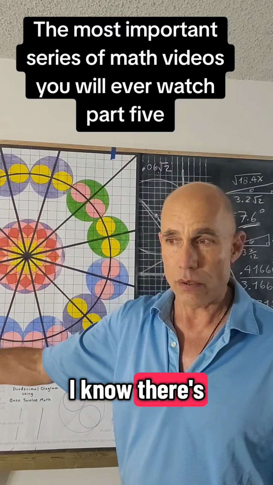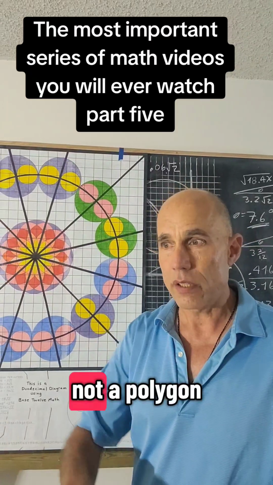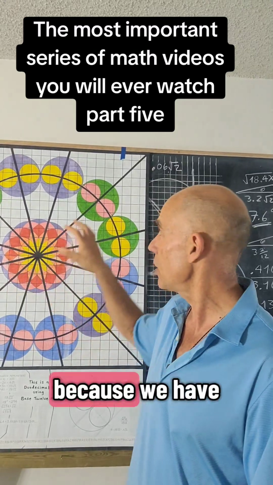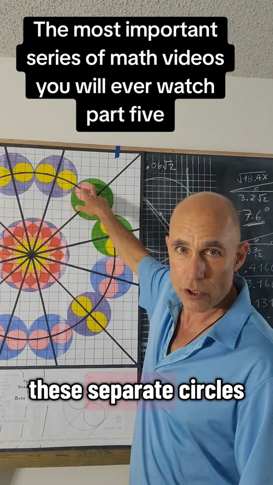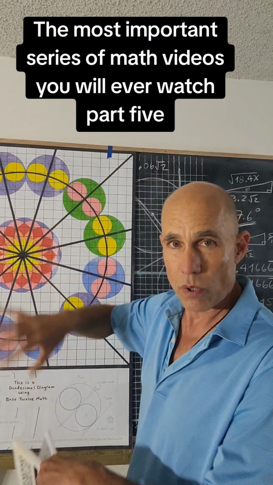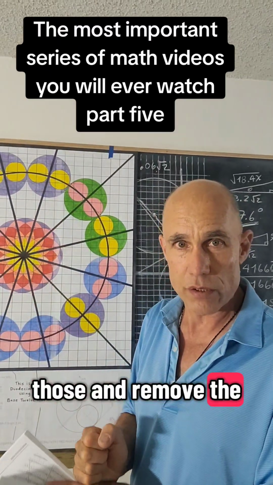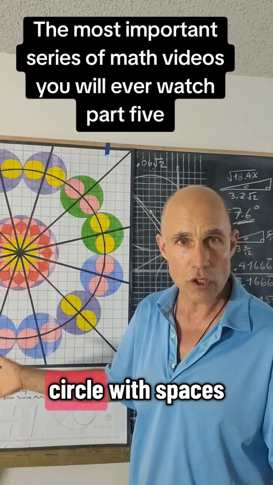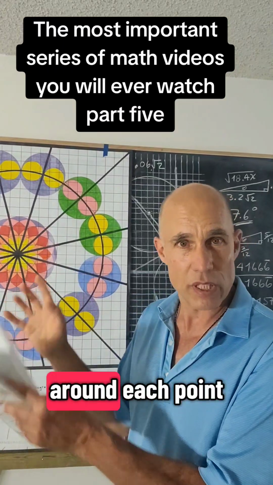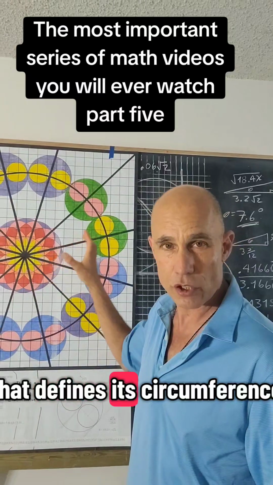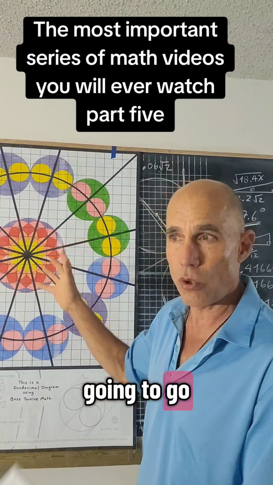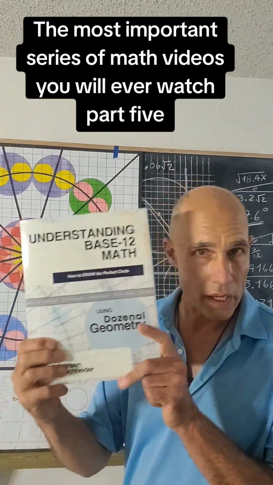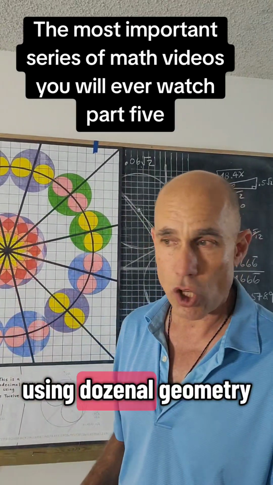I know we say that a circle is not a polygon, and this isn't really a polygon because we have these separate circles with space around them. When we plot those and remove the perimeter of the polygon, we have a circle with spaces around each point that defines its circumference. So I'm going to go with the definition that we are building a circle, how to build the perfect circle using Dozenal geometry.